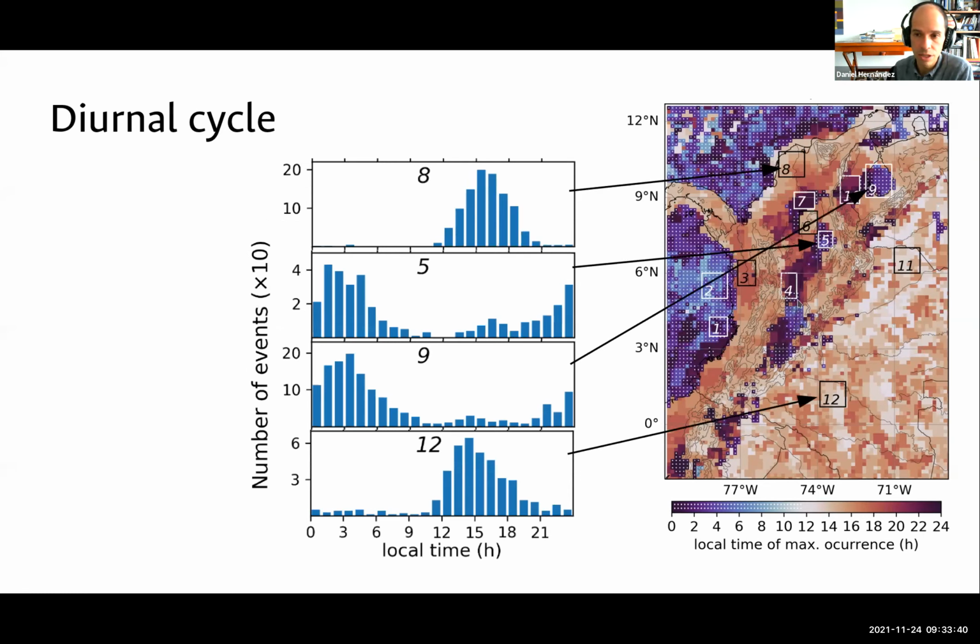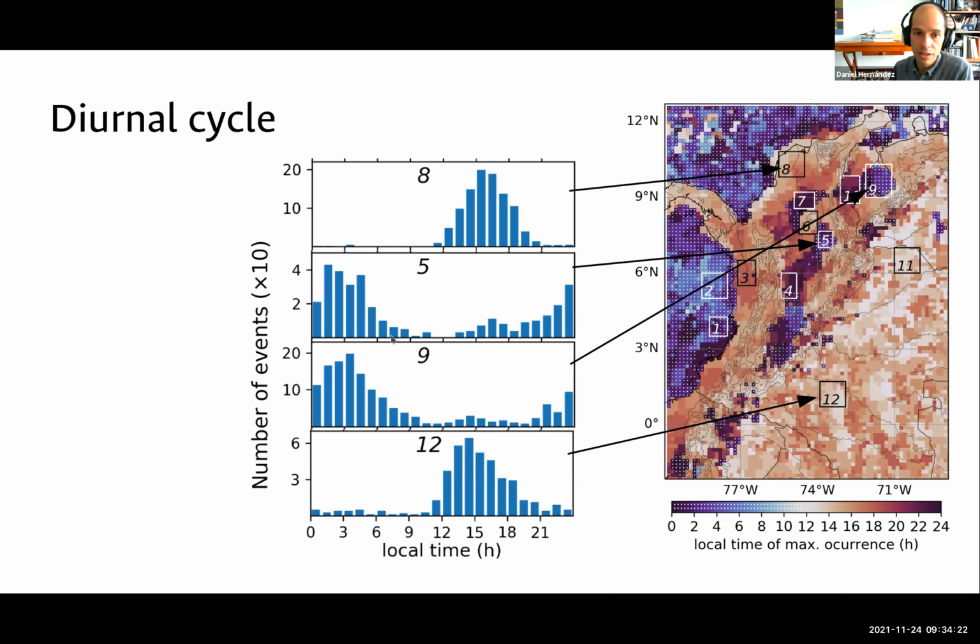So here you see the different distributions, in terms of local time, of when these convective events occur. For example, here in this part of the Caribbean coast, it's clearly an early afternoon peak, maybe more like 3-4 p.m. Then in the Magdalena Valley, you see it's really nighttime convection, peaking around 2-3 a.m. perhaps.